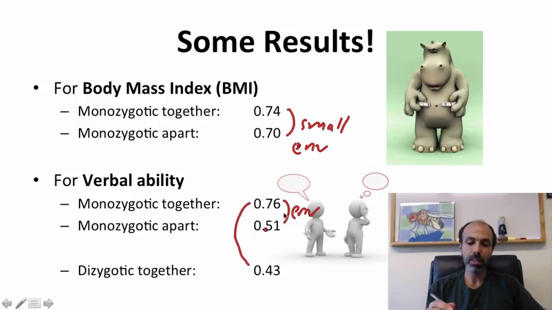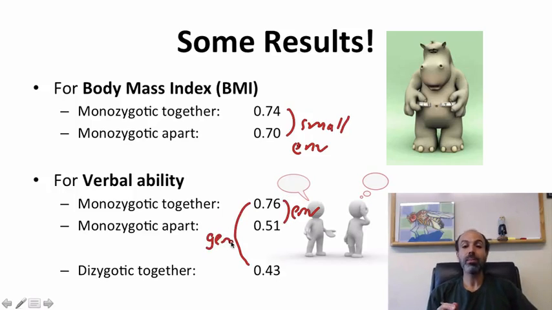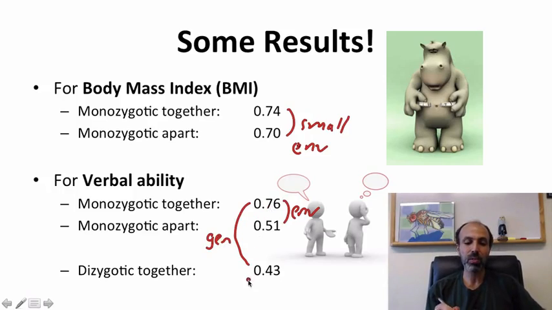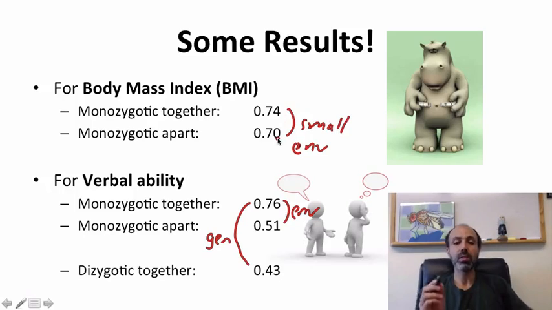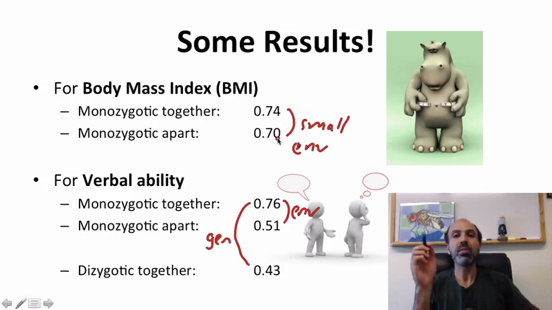This also shows a strong genetic component because again, the monozygotic together versus dizygotic together means the environment's the same. Mono versus di is changing the genetics. In this case, we see a pretty large genetic component and a moderately large environmental component for the same trait. Again, seeing this difference doesn't mean the absence of a genetic component.